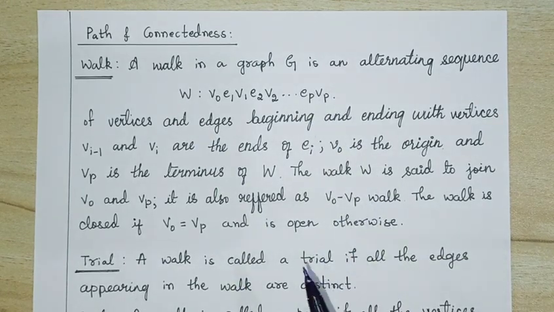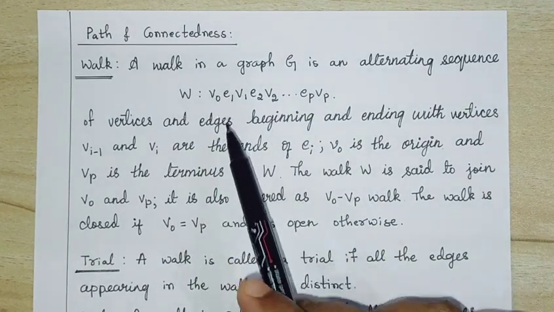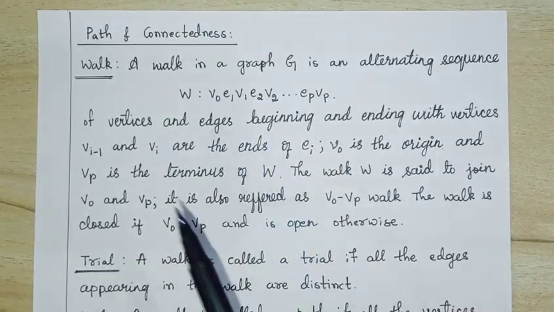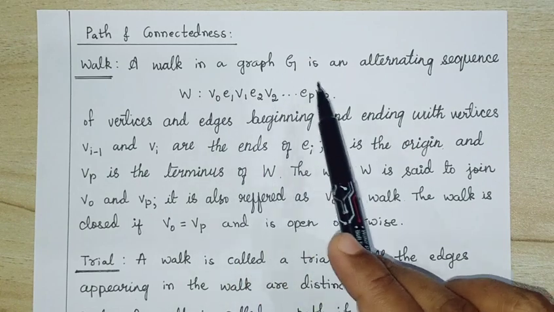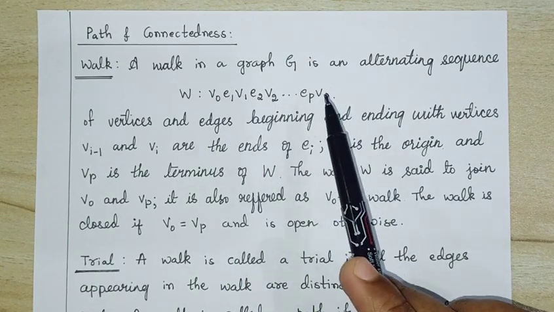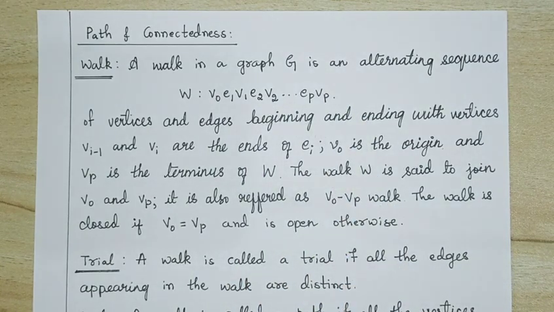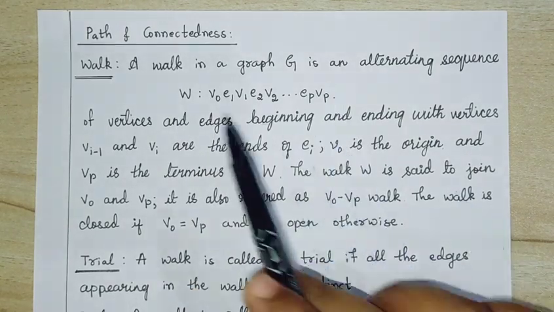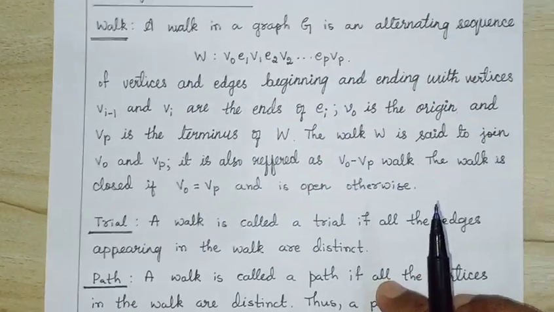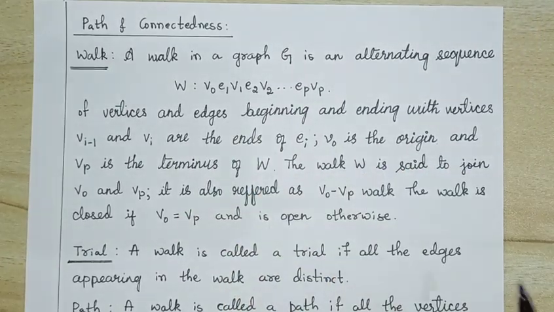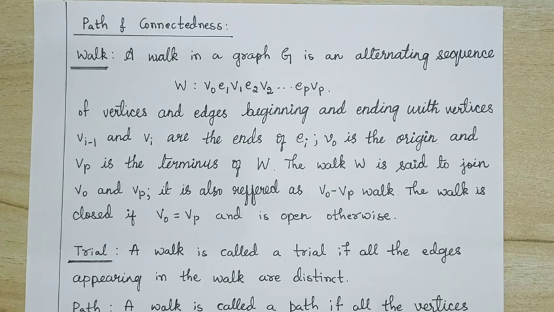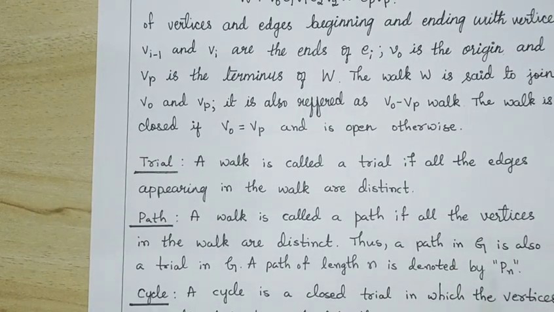And here, we can say that the walk is a closed walk if the initial and terminus points are equal. If the initial and terminus points are not equal, then we can say that the walk is open. And of course, in this walk, if all the edges are distinct, then I can say that it is a trail.